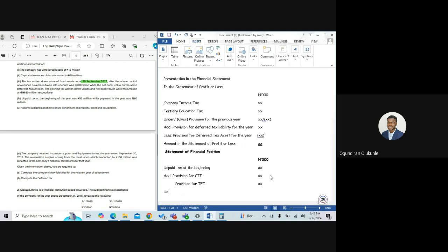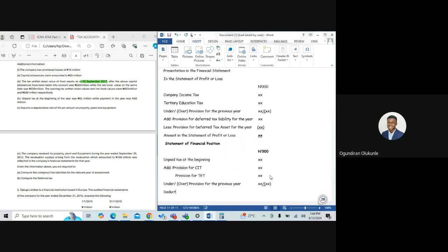Then you have under or over provision for the previous year. The same explanation I made before about under or over provision still applies, right? Then deduct tax paid during the year. What tax paid during the year, right?